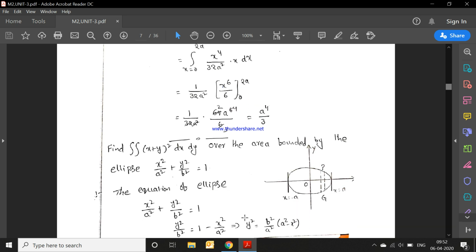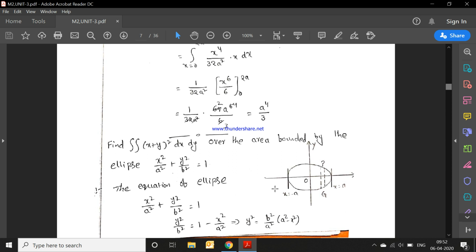Next example is to find the double integral of x plus y whole square dx dy over the area bounded by the ellipse x square by a square plus y square by b square is equal to 1. So all of you know the limits for the ellipse are x is equal to minus a to x is equal to a, and in the direction of y, constant limits are y is equal to minus b to y is equal to b.